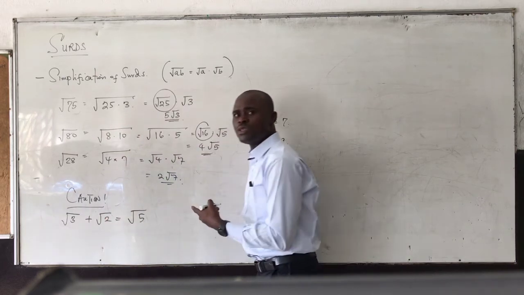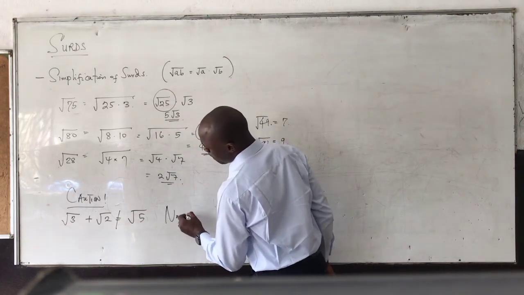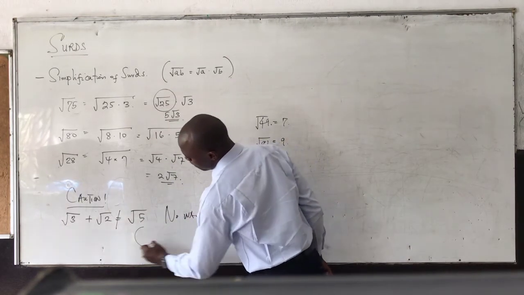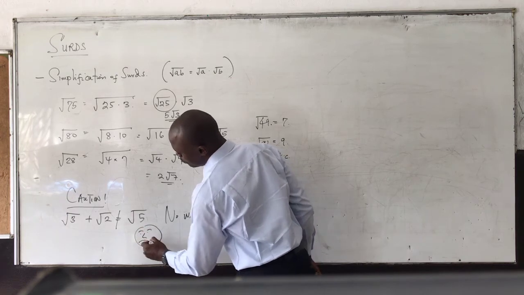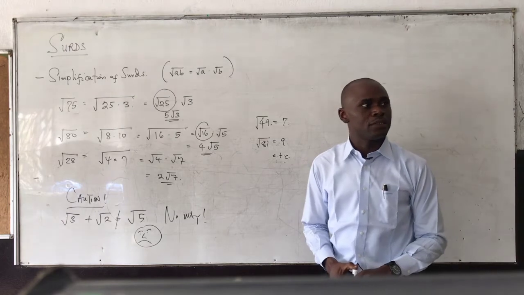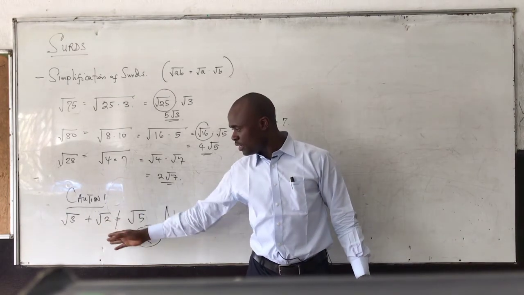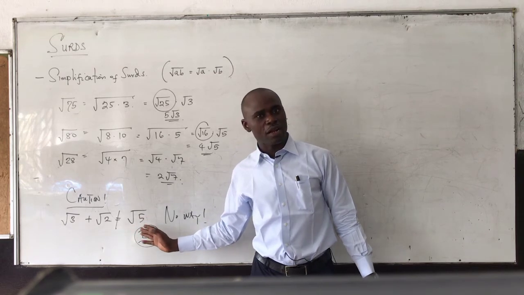You will be tempted to do this, but that is wrong. No way. Please don't do that. That is not accepted. You cannot add 2 surds this way or probably subtract them to have this. So this is not allowed.